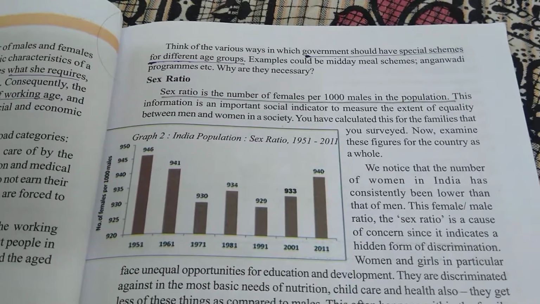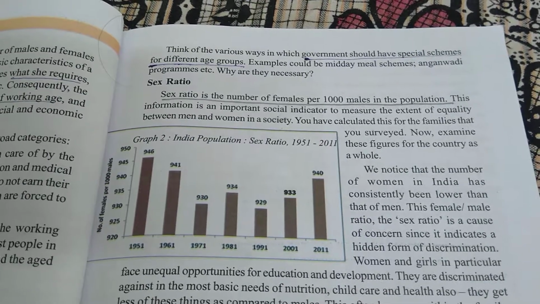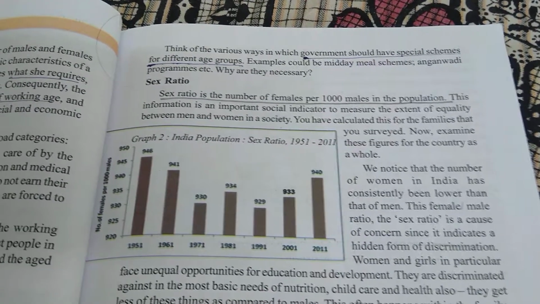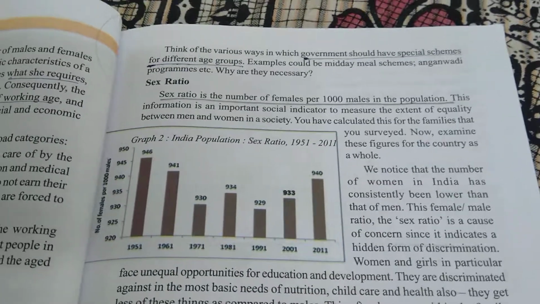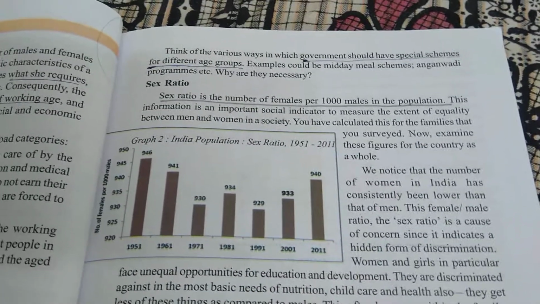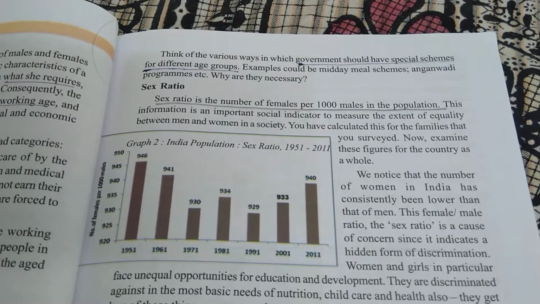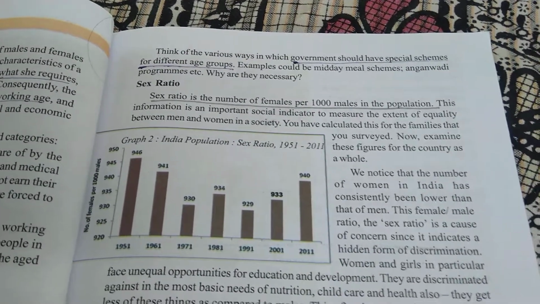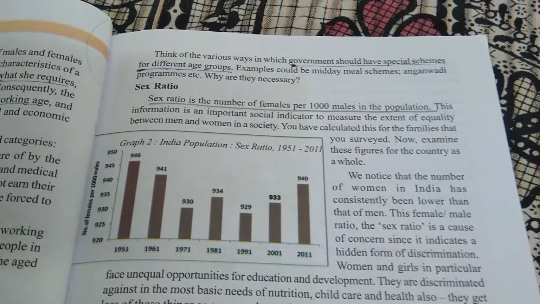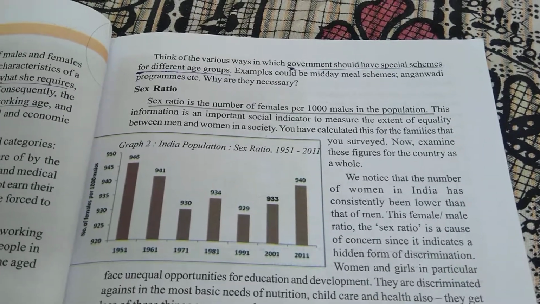Okay, there is discrimination between men and women in all aspects: in education, health, nutrition and food also. Women are discriminated against in the most basic needs like nutrition, child care and health, even in education.